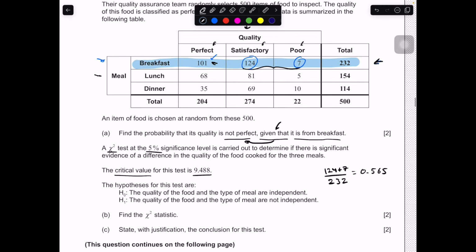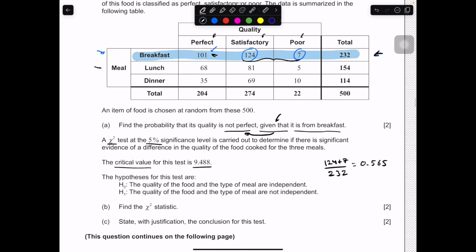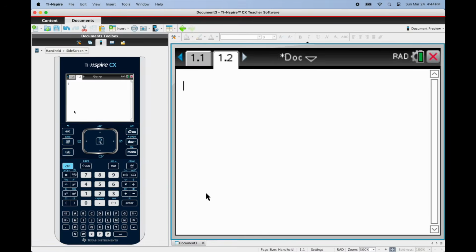And we want to see if the quality and the meal are independent or, let's say, not independent. So find the chi-squared test statistic. Okay, so for this, we're going to go into the calculator and we're going to need to create a matrix.